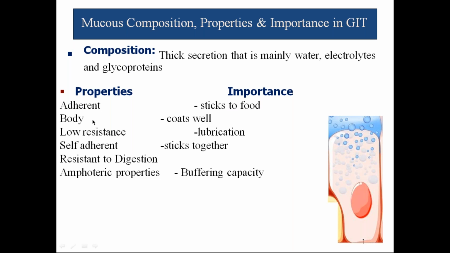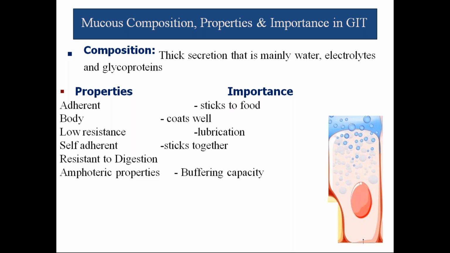Adherent means that it can stick to something. So once it is sticking to something, it can tightly adhere or stick to the food and other particles, and it can spread as a thin film or as a surface lining over the surface epithelium. So the first property is adherent. Second, it has sufficient body.